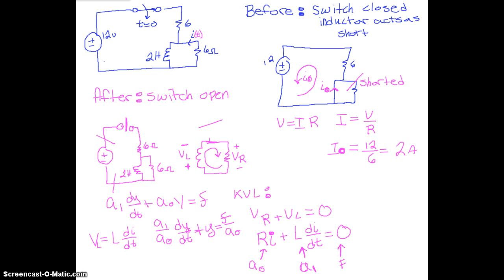In this case, the A1 over A0 is going to be equal to our tau, and our F over A0 is going to be equal to our K1. And I'll show you how that plays in just a second.